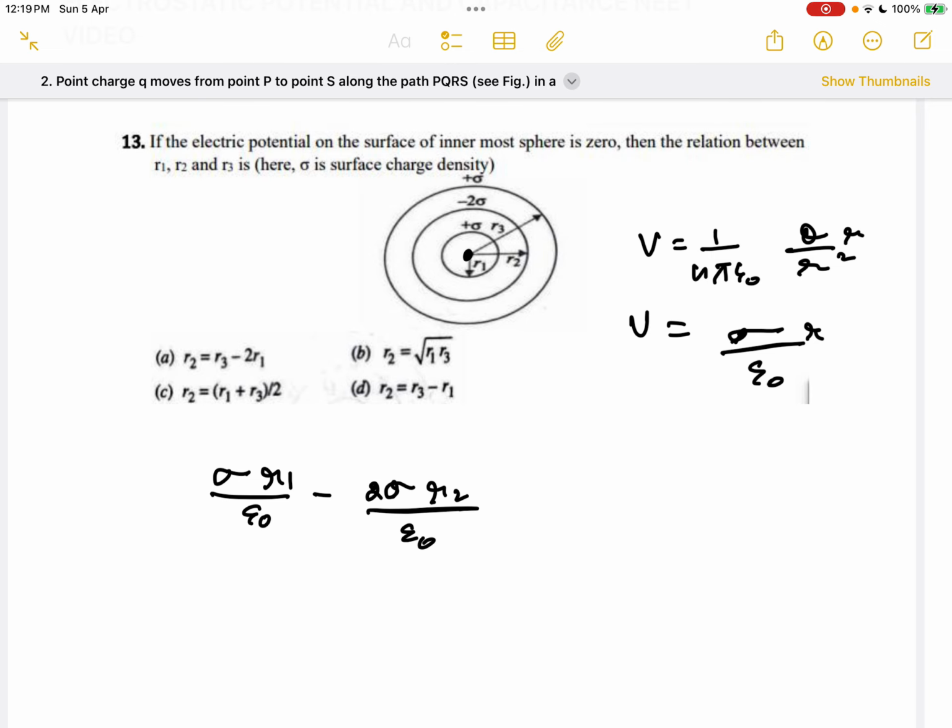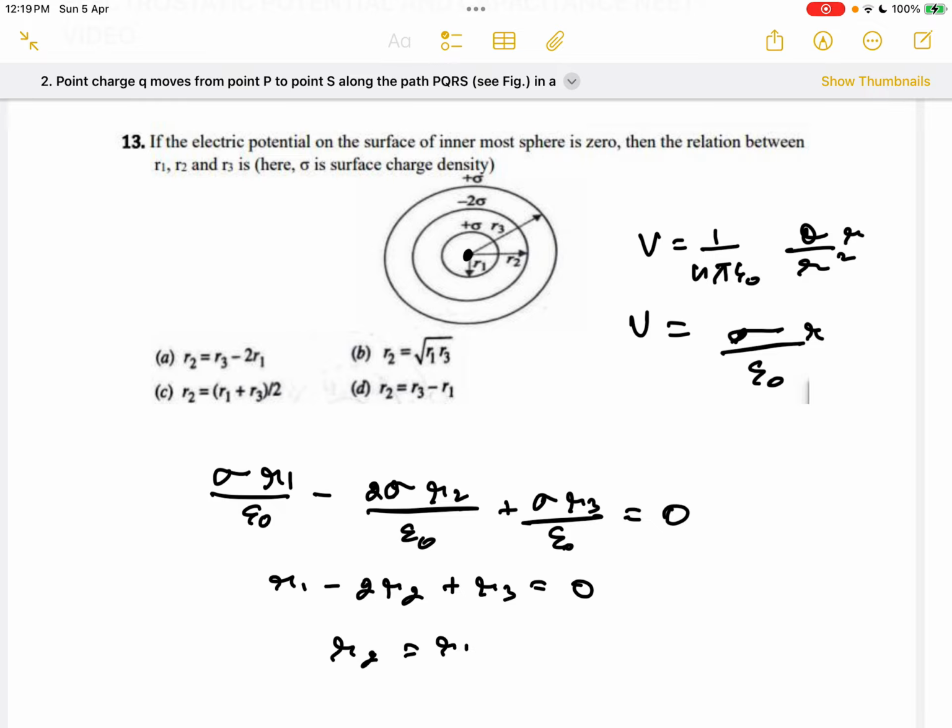And due to the outermost sphere it is sigma R3 divided by epsilon naught, and that's equal to 0. So if you divide the whole thing by sigma by epsilon naught, you will have R1 minus 2R2 plus R3 becoming equal to 0. So what do you think R2 would be? It is R1 plus R3 divided by 2. R1 plus R3 divided by 2 is option C.